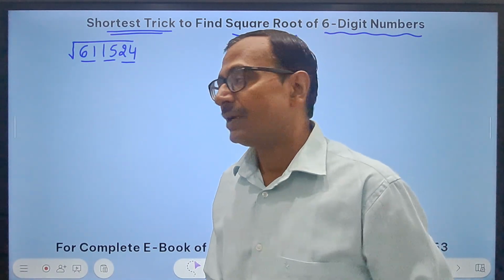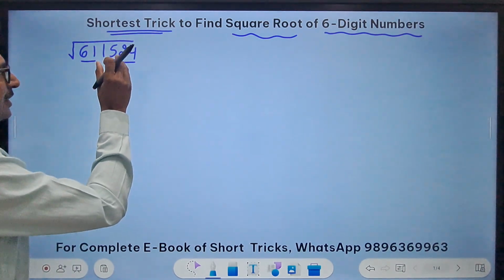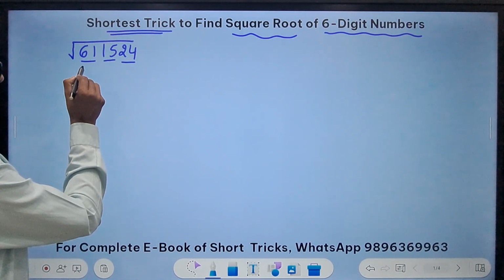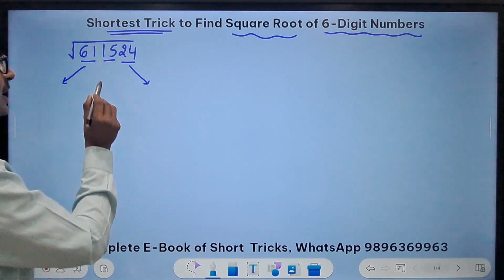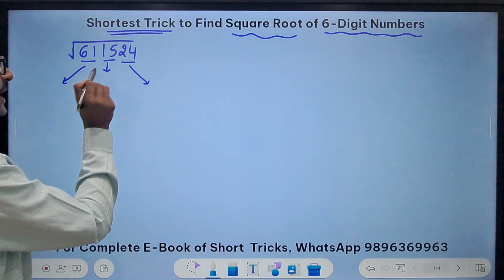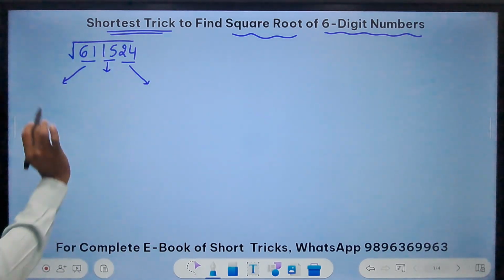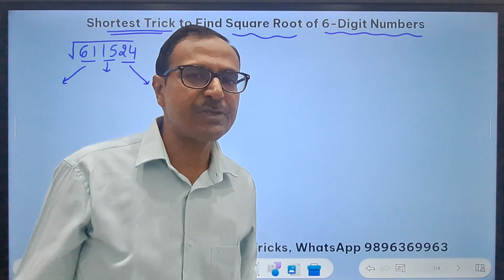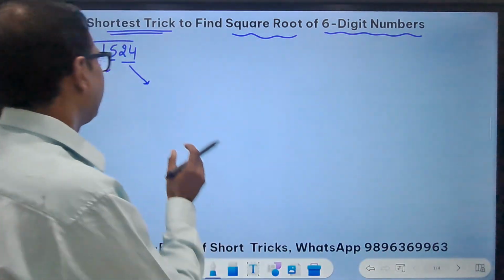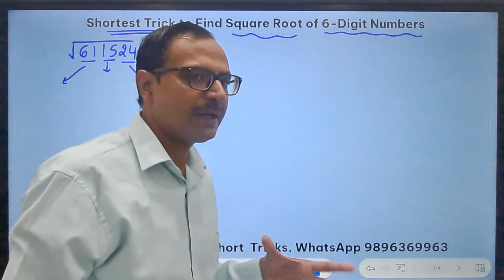Out of those 3 digits, the first digit is very easy, the third digit is also very easy. It's only the second digit which is a little bit tricky, and as I progress through the video and tell you 5-6 examples, you will understand that even finding the middle digit is not a tough job.